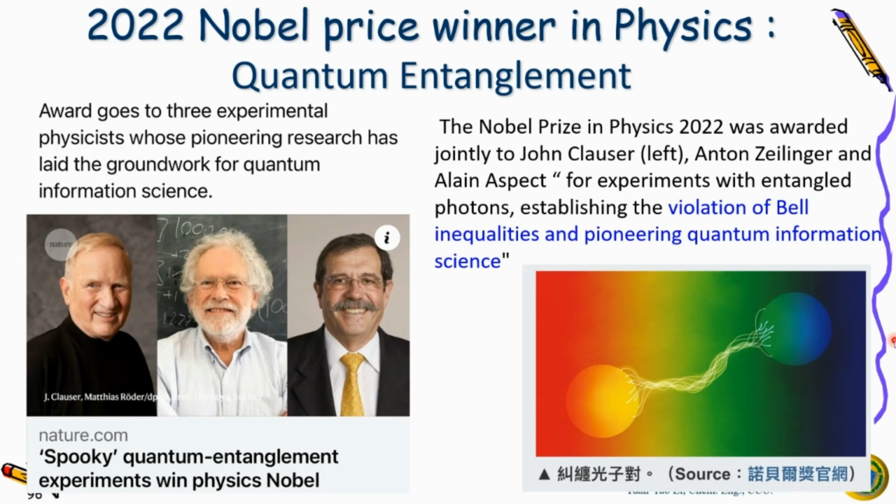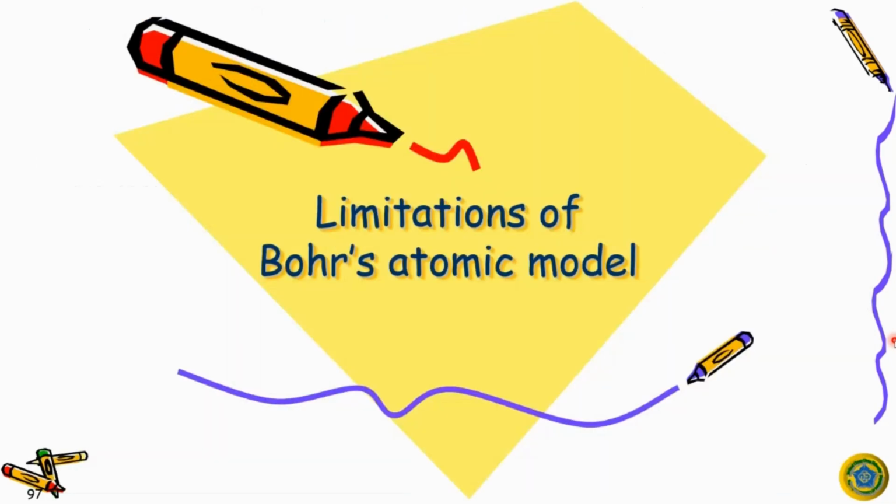You need to study what quantum computers and quantum computation are. The speed of a quantum computer is very, very fast compared to a conventional computer. But this is out of scope in our lecture.